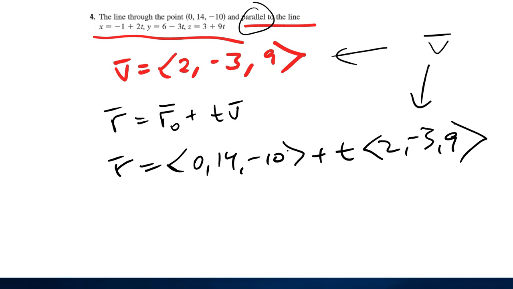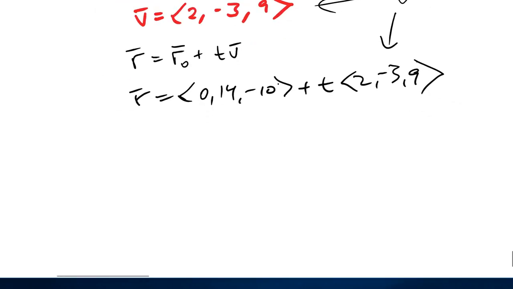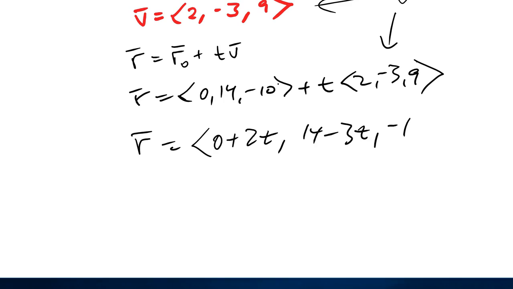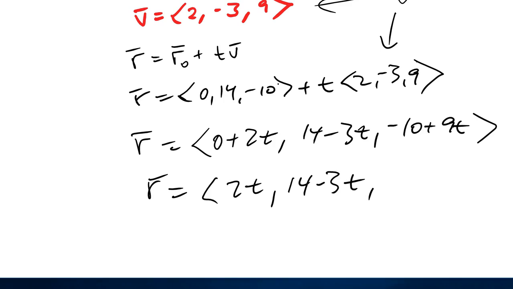It's kind of like using the same slope in point slope form, like y equals mx plus b. All right, so this is r equals 0 plus 2t, 14 minus 3t, and -10 plus 9t. And we can just clean this up. R is 2t, 14 minus 3t, and then -10 plus 9t if you want.